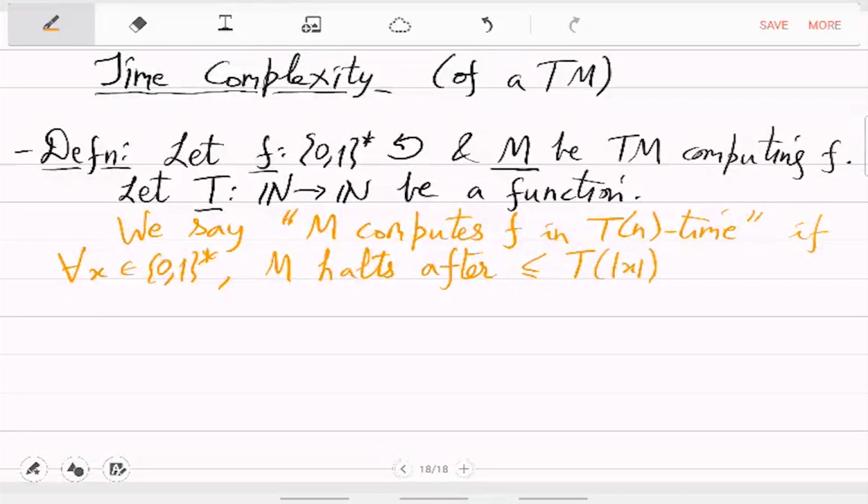This bar notation means the length of X, how many bits there are in X.